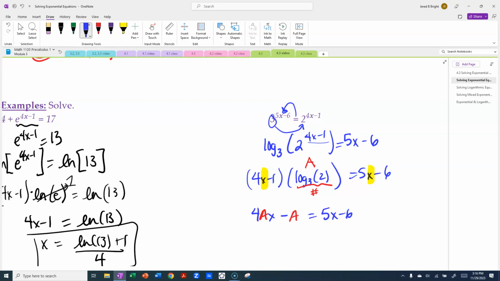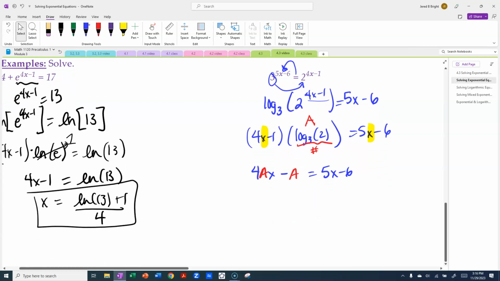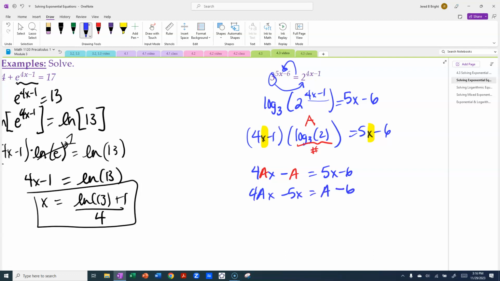And then now to solve this, I need all the x's on one side, all the non-x's on the other. So I'd have 4Ax minus 5x. So I move the 5x to the left-hand side, and the right side I'd have positive A minus 6. And now at this point, in the left-hand side, both terms have an x, so I'd have to factor that out. 4A minus 5 is equal to A minus 6.